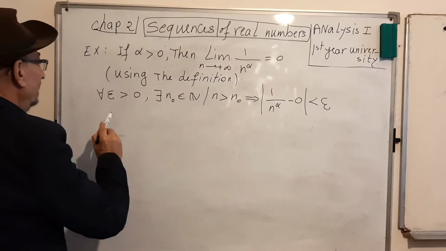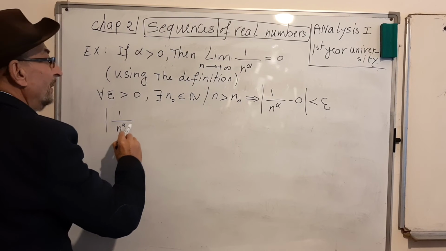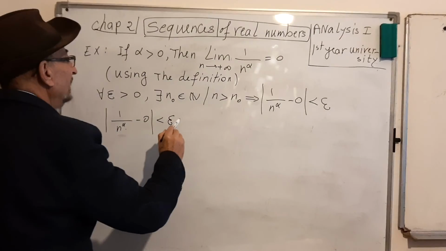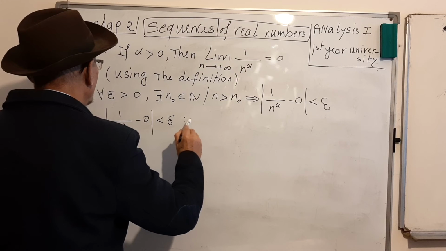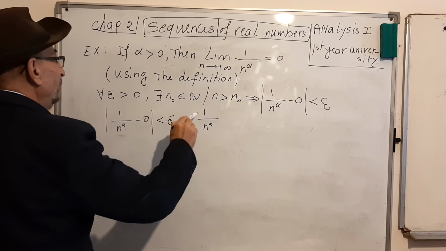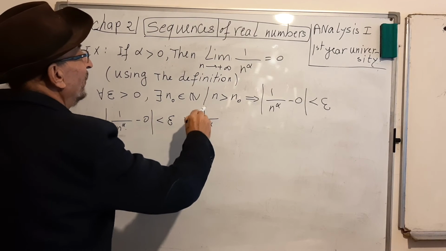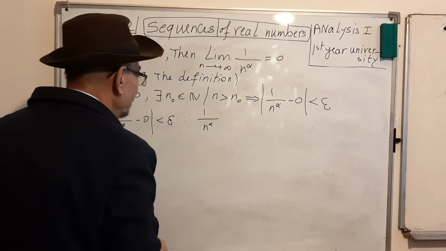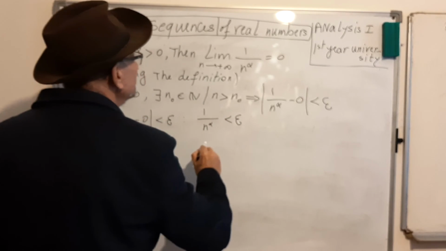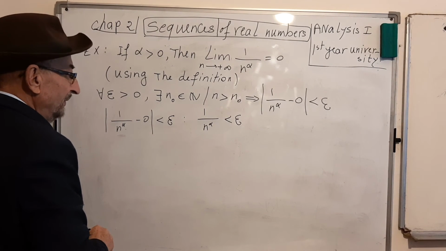We use the inequality: the absolute value of 1 over n alpha minus 0 is less than epsilon. So the absolute value of 1 over n alpha is 1 over n alpha, since 1 over n alpha is strictly positive, less than epsilon. We can find n in terms of epsilon.